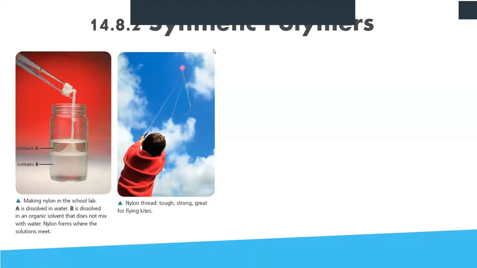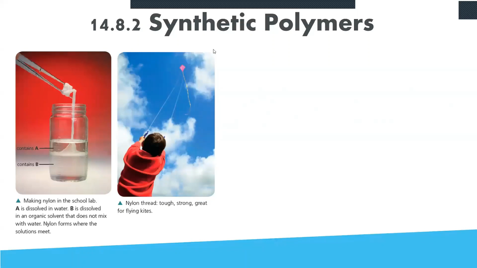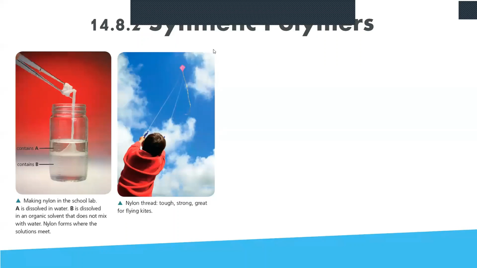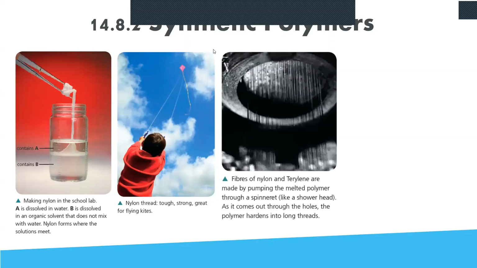It forms between the two compounds, that is two monomers, where those two meet, at the surface of those two. And usually nylon threads are very strong and tough, so it has many purposes.